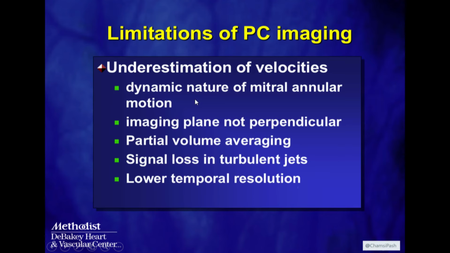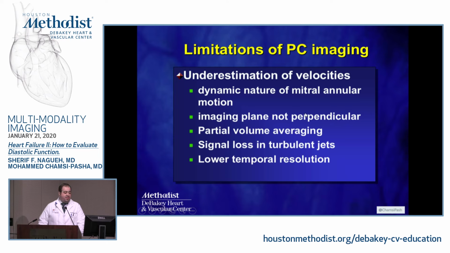One of the other reasons why this has not been widely implemented is that the mitral annulus has a very dynamic motion. If the imaging plane is not perpendicular, you can underestimate the velocities, and you also have some signal loss in people with concomitant regurgitation, along with lower temporal resolution.